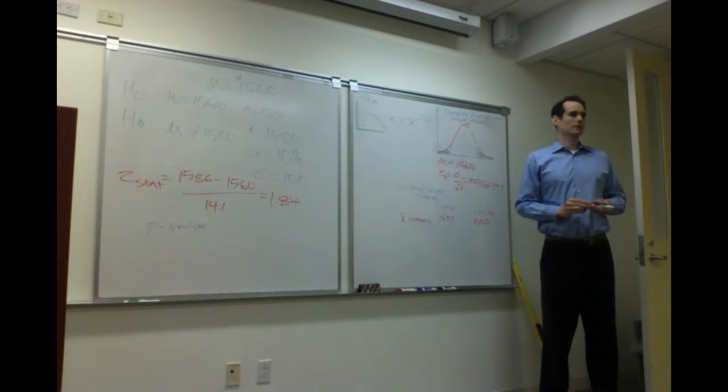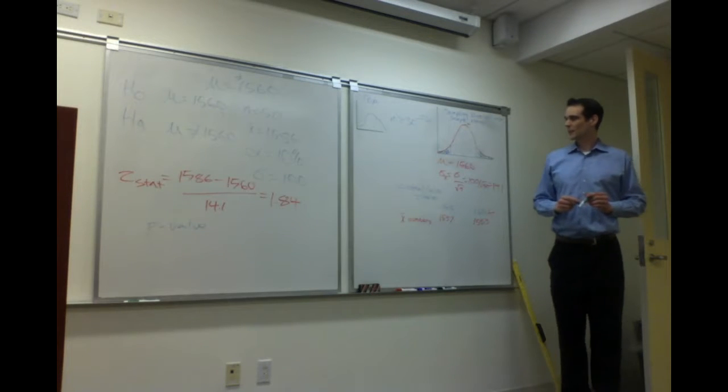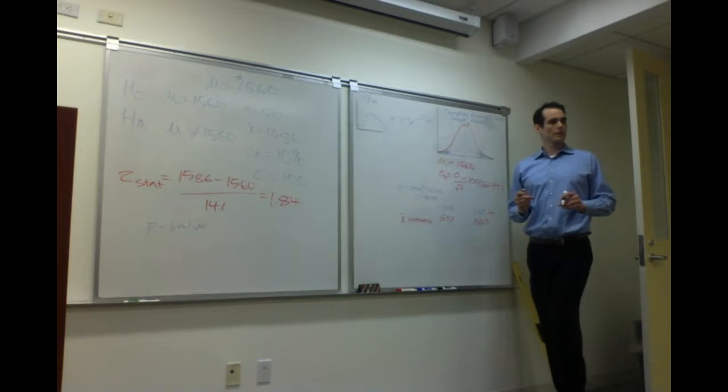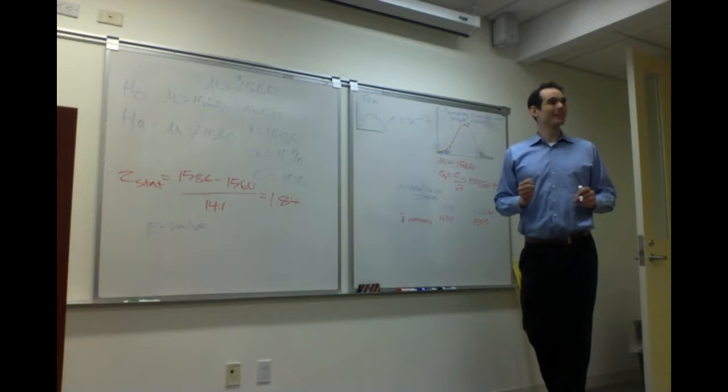So we have the z-table open. Everybody got it? Negative 1.84.